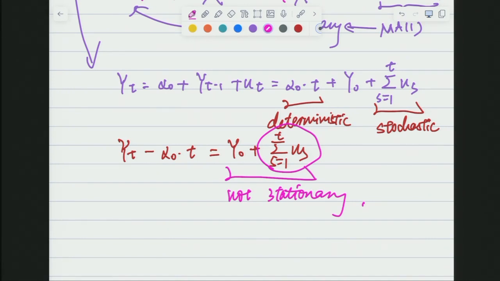Now, the last one. If y_t follows an AR(p), but its first difference follows an AR(p minus 1), this must imply y_t has a unit root. Again, this is related to what we discussed on Monday, and the majority wins.